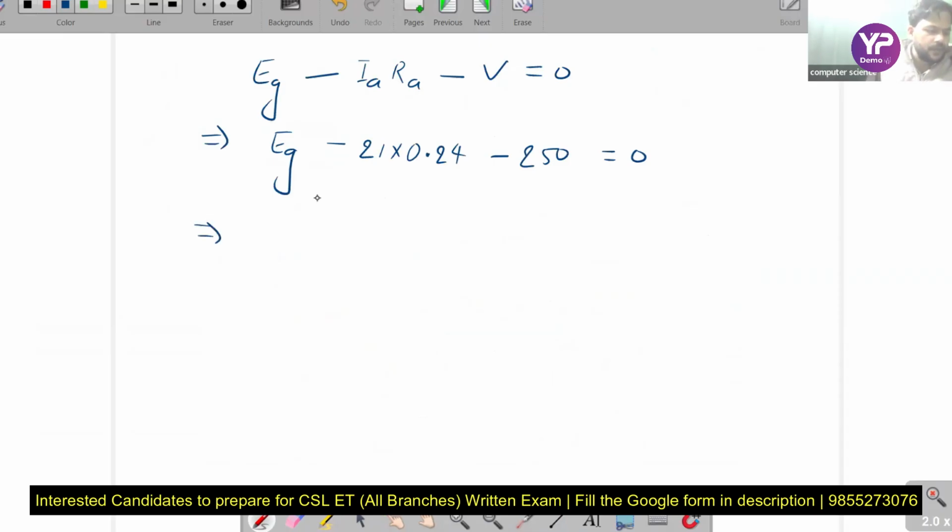Simplifying this, we get the value of the generated EMF: EG equal to 255.04 volt.